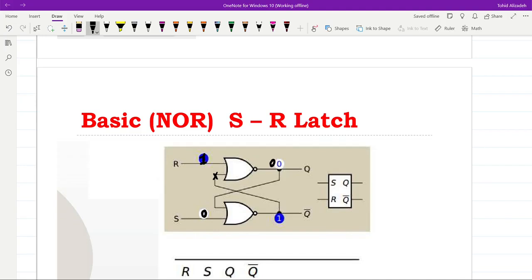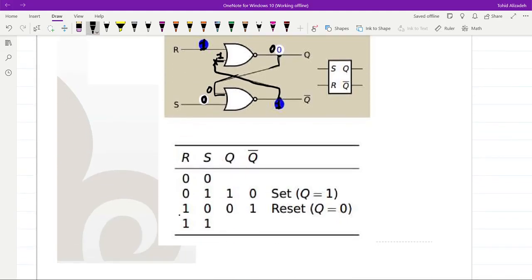Then for the second NOR, we have a 0 coming from the first NOR and a 0 coming from S, and as a result the output will be equal to 1. Then this 1 is provided as the input to the first NOR gate, and again the outputs of the NOR gates will remain as 0 and 1, and that's what we have here.